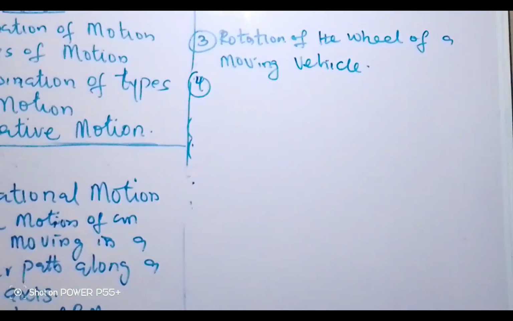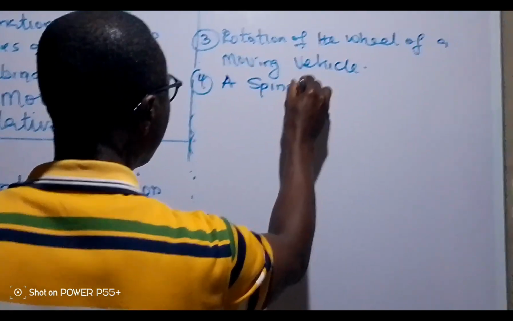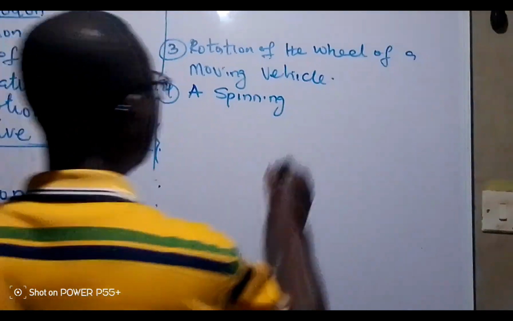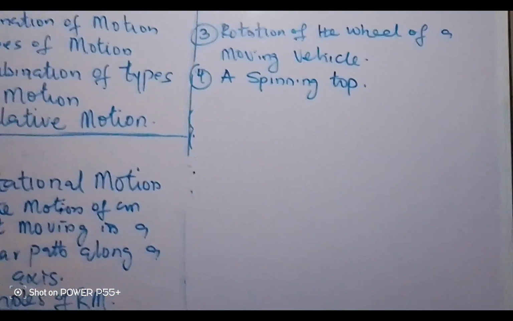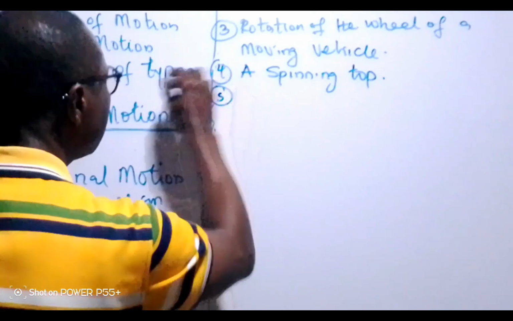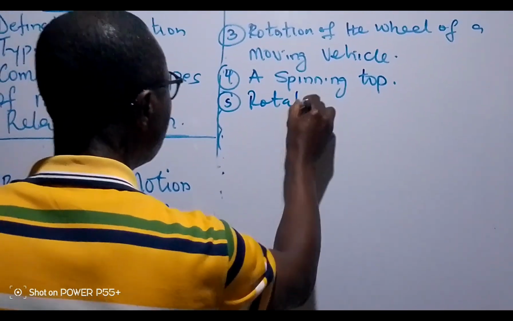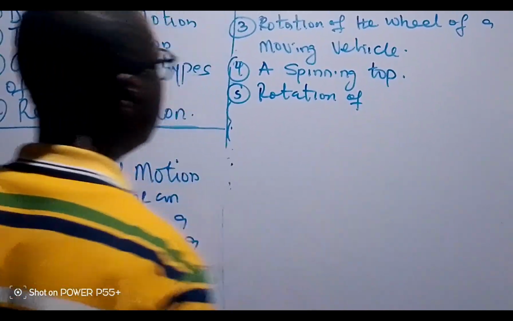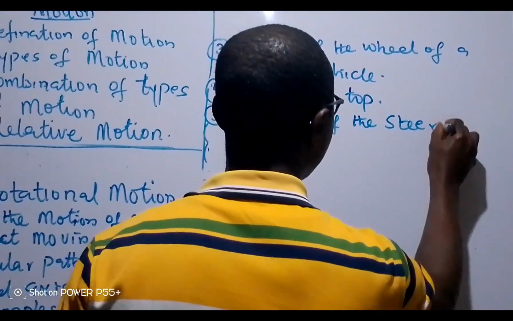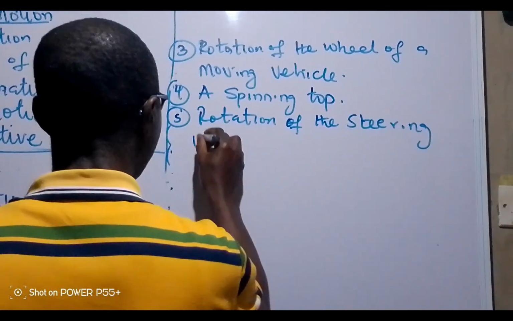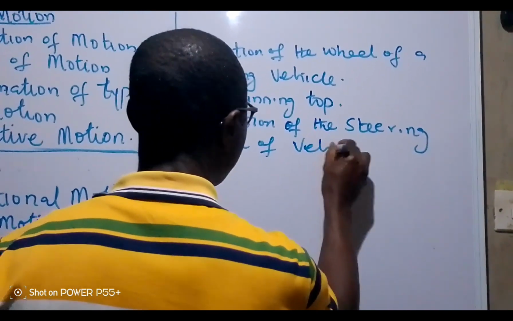Number 4, a spinning top. Number 5, rotation of the steering wheel of vehicle.